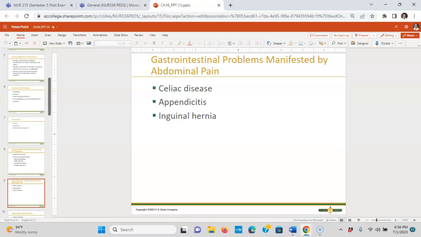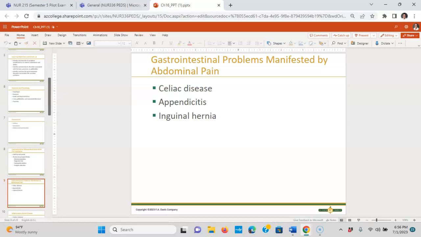Okay. An inguinal hernia is a protrusion of the contents through a defect or an opening. So hernia is defined by its type. The inguinal canal would be an inguinal hernia, a lump in the groin, commonly on the right side.